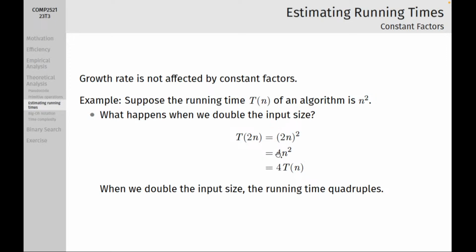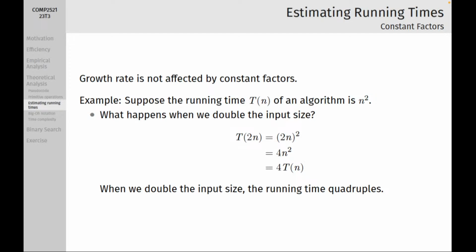That equals 4n squared. And since n squared is equal to T(n), our result is 4T(n). So the amount of time taken by the algorithm quadruples when we double the input size, okay?